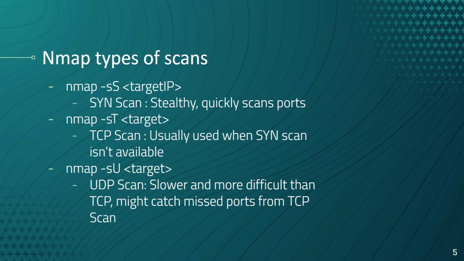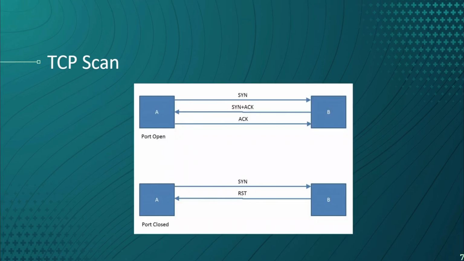The second scan we'll be covering is the TCP scan, or the Transmission Control Protocol scan. This scan is usually used when the SYN scan isn't available and it completes the connection between the two hosts. This is a diagram of the TCP scan, and as you can see, it's very similar to the SYN scan.